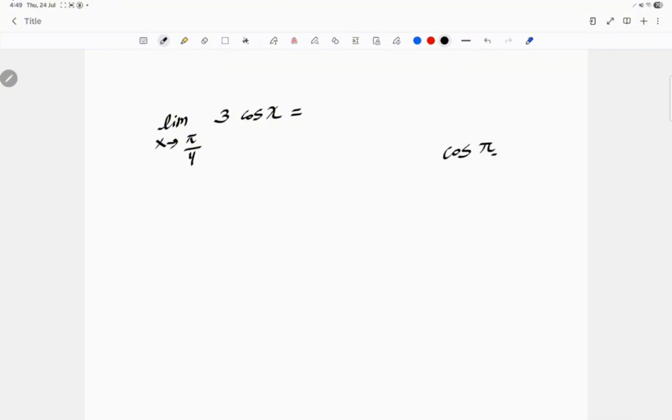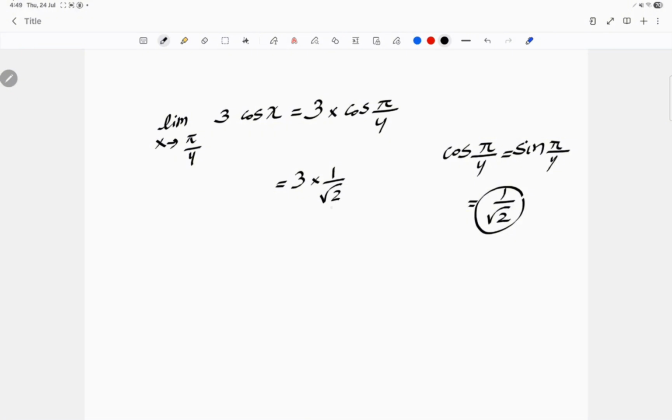The cosine of pi over 4 is the same as sine pi over 4, which equals 1 over root of 2. So now you will simply replace the x with pi over 4. So you have 3 times 1 over the root of 2, which means 3 over the root of 2. Okay?